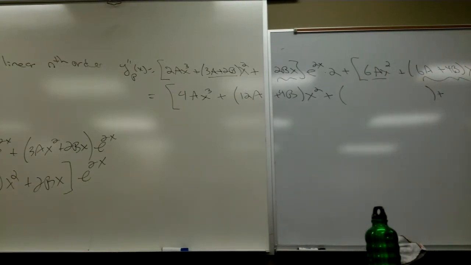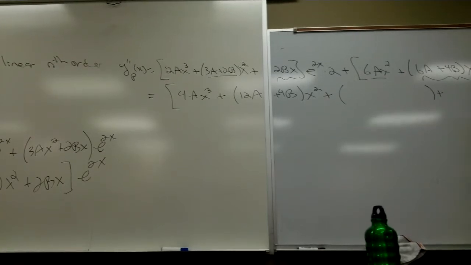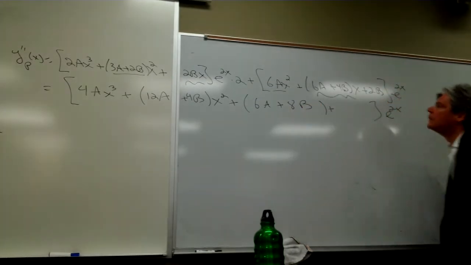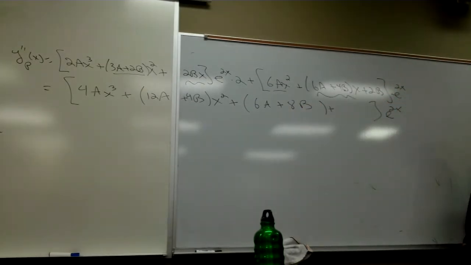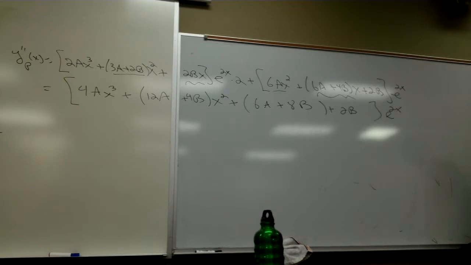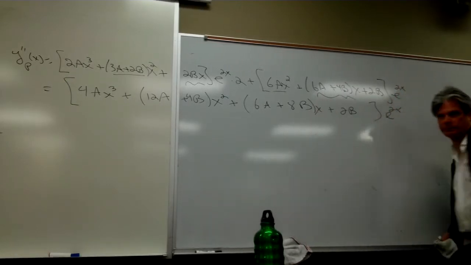You guys help me with this. Is that going to be a 6a plus, is that an 8b? And then finally, for my constant terms, that's just a 2b. Then you just need an x. Oh, do I? I missed the x? Thank you very much. It's my placeholder.